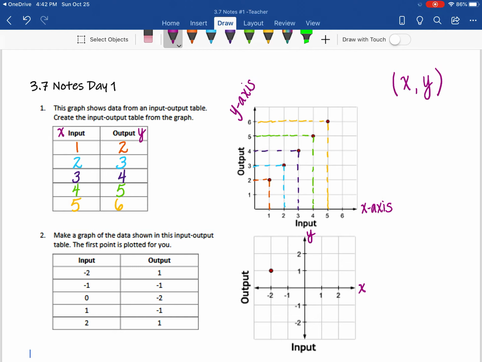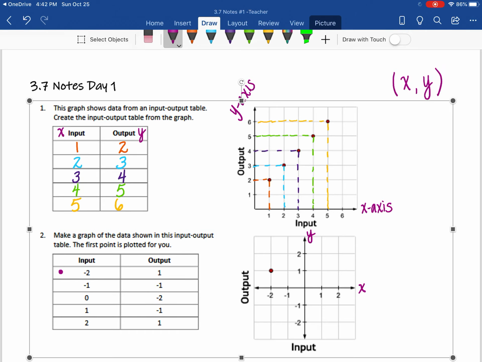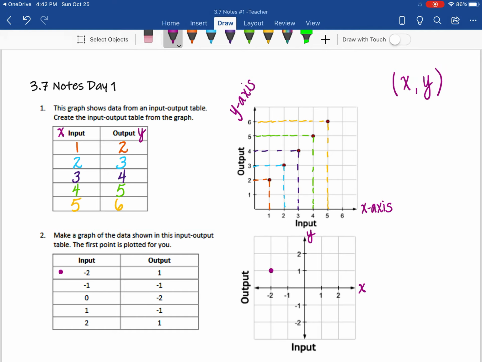So I'm just going to kind of color code. So my first point is going to be -2, 1. Okay, so my -2, I'm going to go over to -2 and up to 1. And you can see that they've already done this for you.